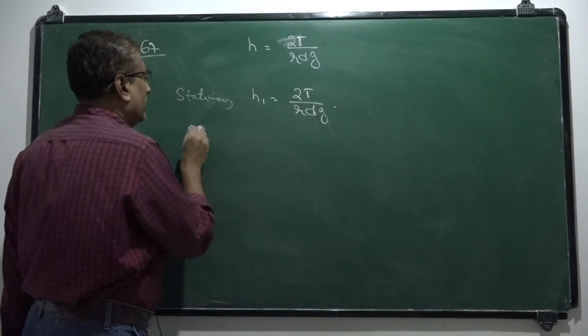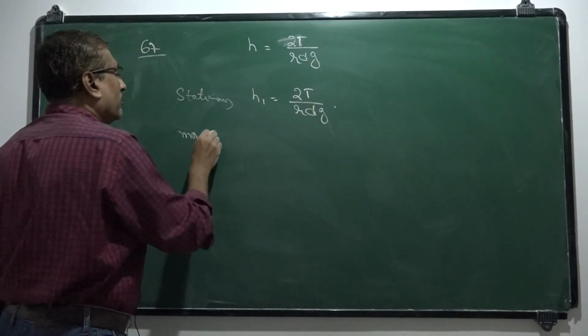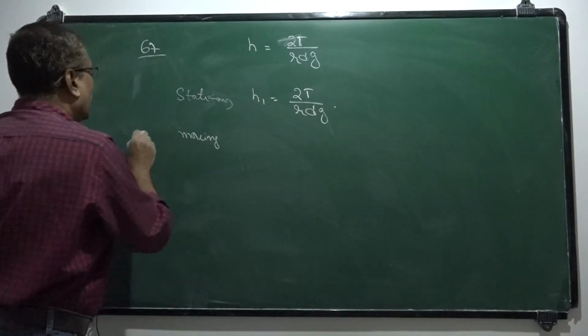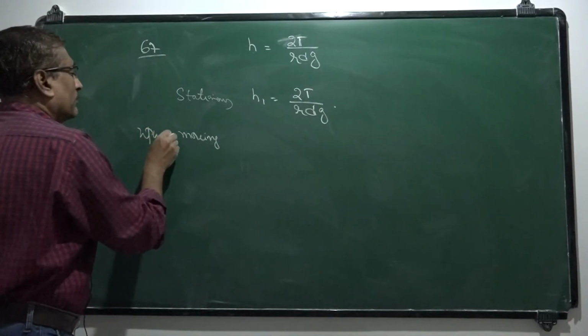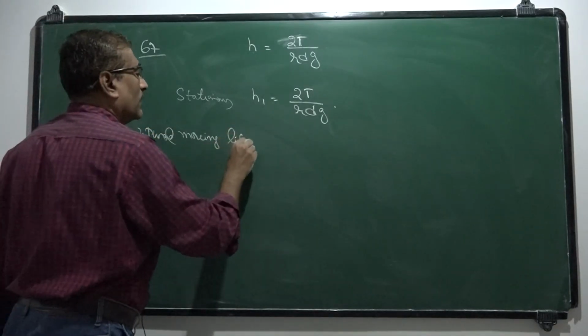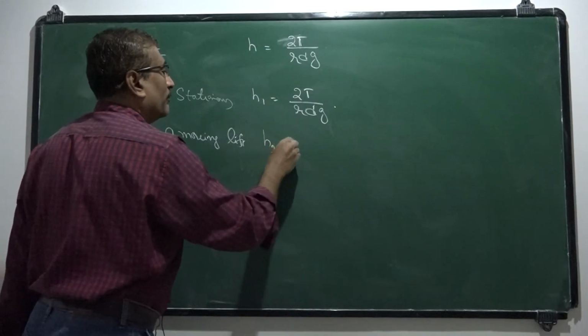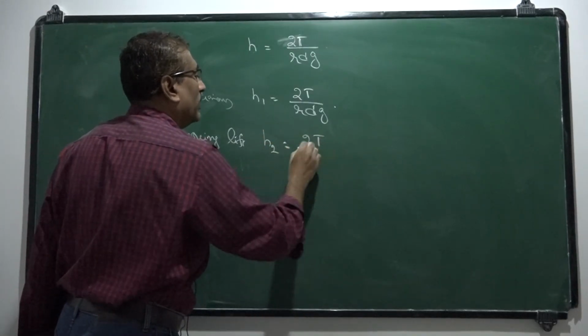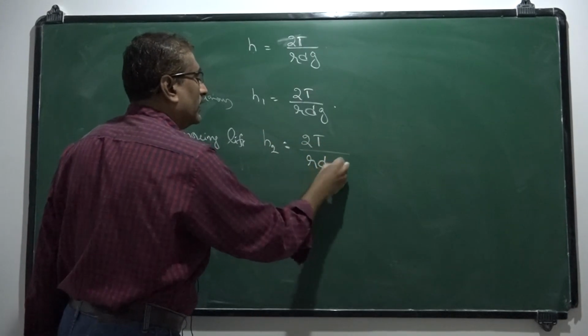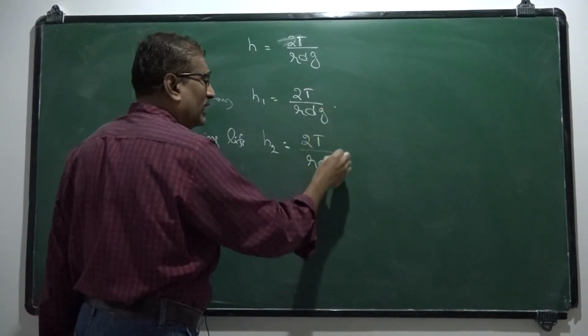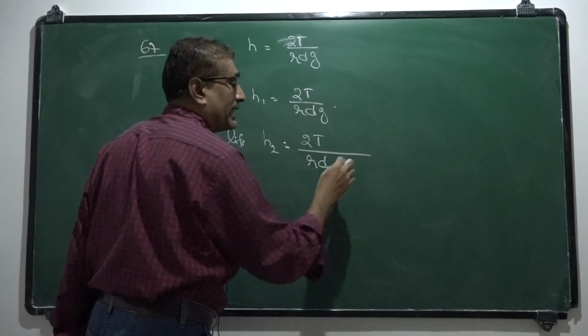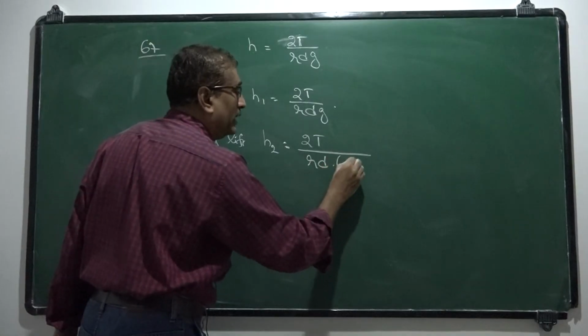In the moving lift moving upward, the height is h2, and that is equal to 2T by r d into, for a moving lift, g, acceleration due to gravity, can be written as g plus a.